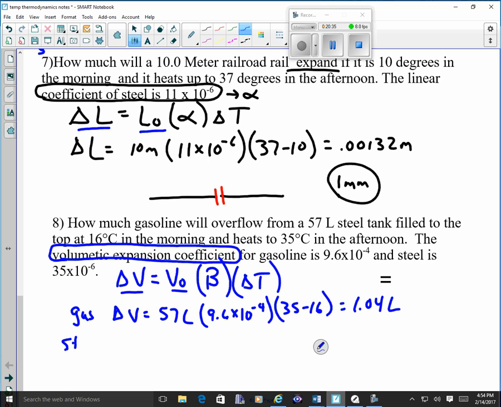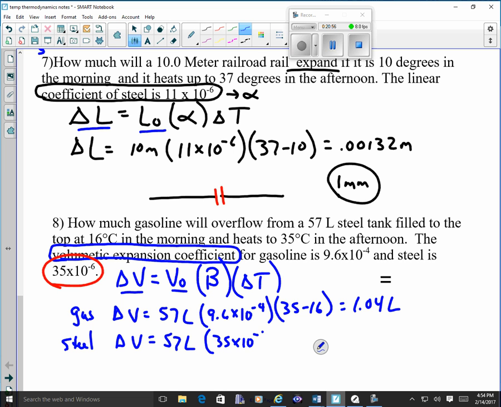So I'm going to put a little steel right here. So we're going to use that same formula. Starts out at 57 liters, same thing as the tank. But the coefficient of volumetric expansion for steel, this is not on your paper, so you might want to write that down, is 35 times 10 to the negative 6. It's a lot less than gas.